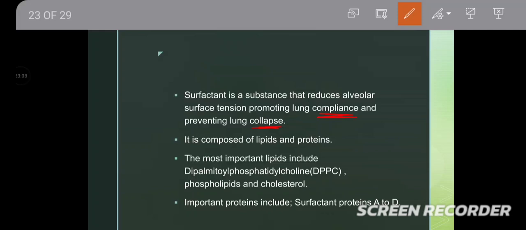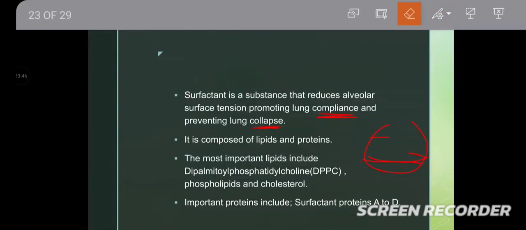Each alveolus has alveolar fluid, and at the interface of this fluid there are forces that try to draw the alveolus inward and collapse it. Those forces are surface tension. Surfactant breaks down some of this surface tension.